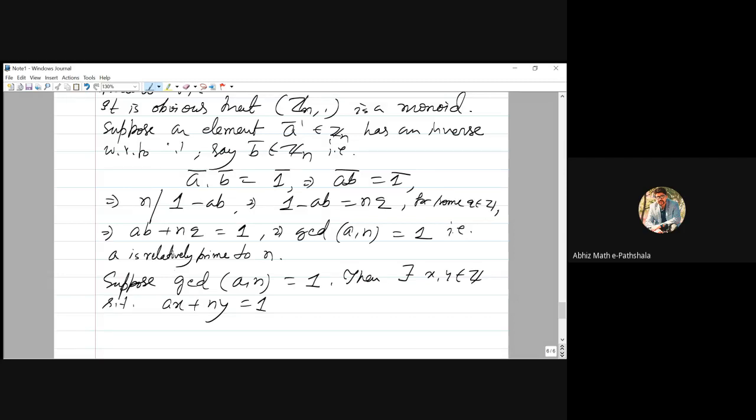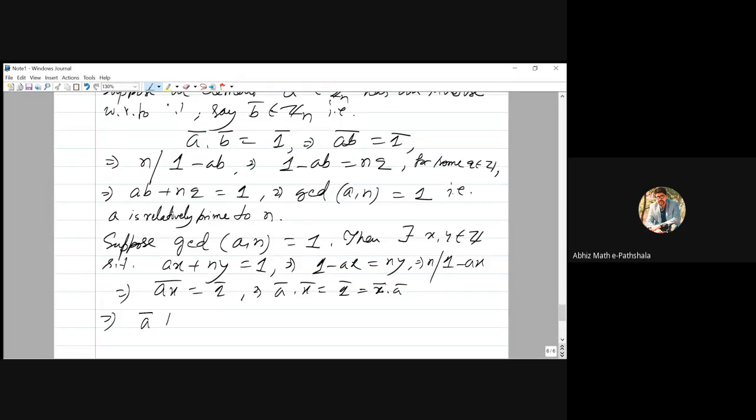Using Euclidean algorithm. And this equation implies that 1 minus ax is ny. That means n divides 1 minus ax, and that means ax class is 1 class. That is, a class dot x class is 1 class, right? And similarly, you can check that x class dot a class is 1 class again, right? So this implies a class has an inverse.